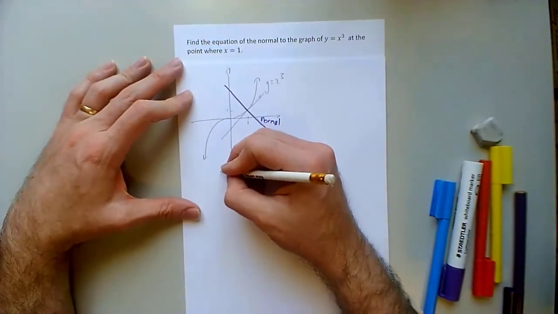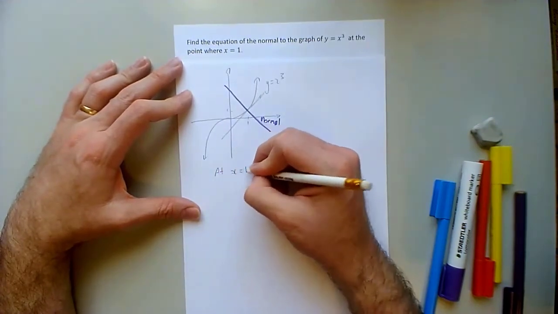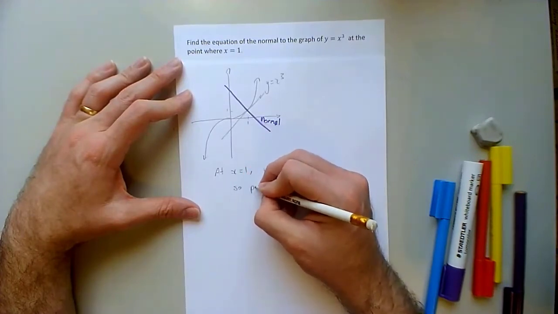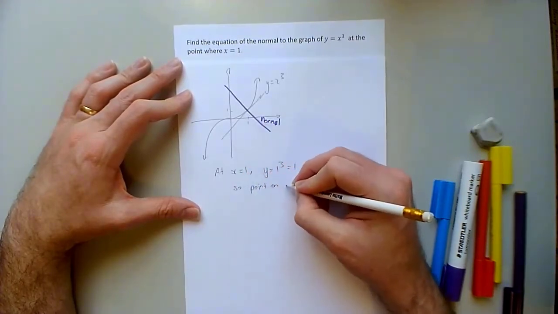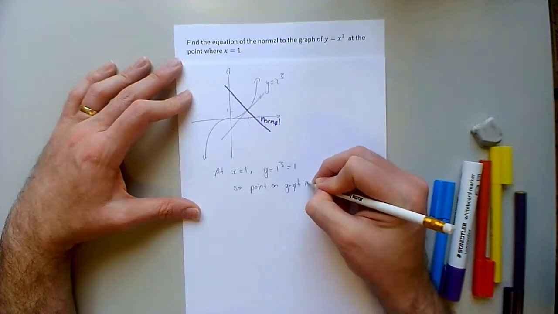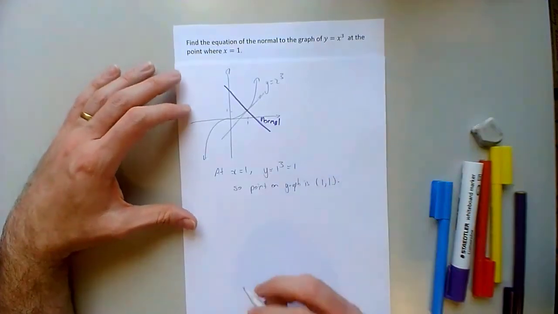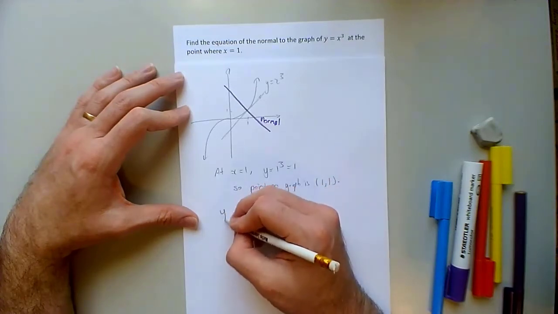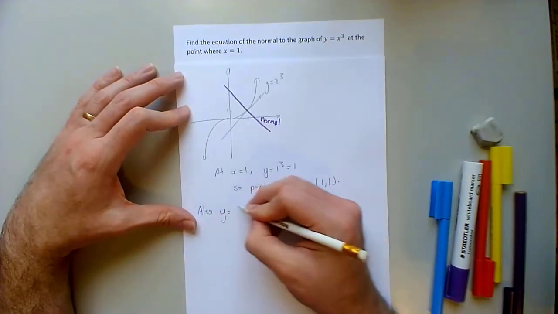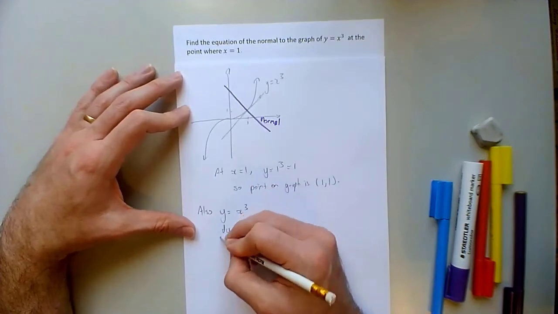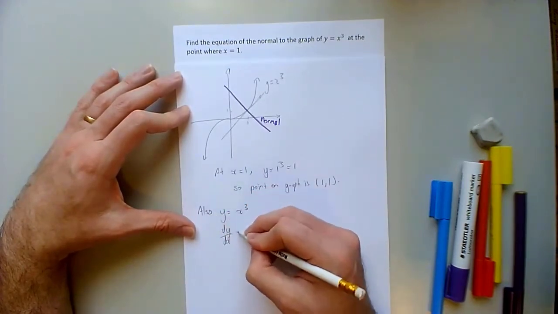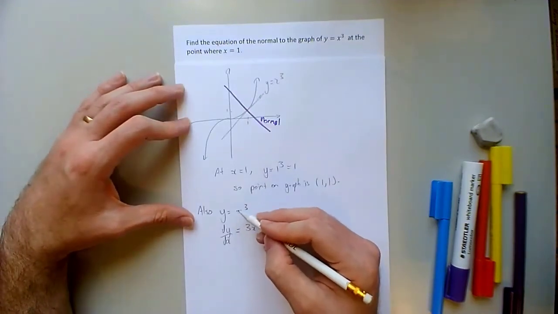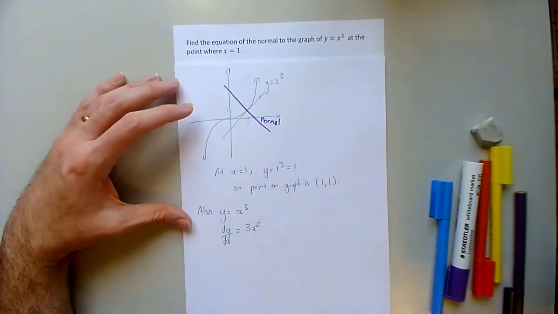Okay, so at x equal to 1, y equals 1 cubed, which is 1. So the point on the graph is 1, 1. And we also know that y is equal to x cubed, so dy on dx is 3x squared, because you bring the power down, multiply, and then make the power go down by 1.